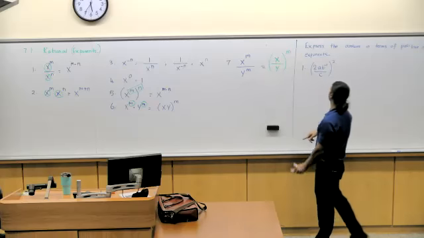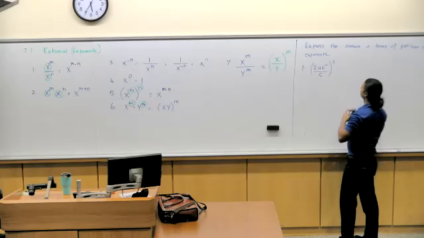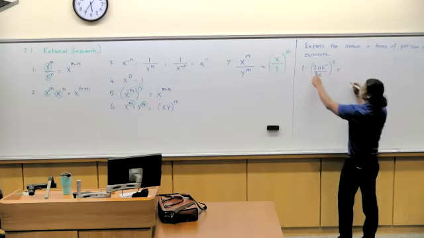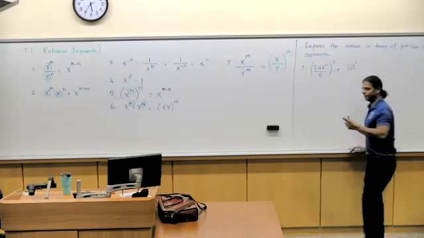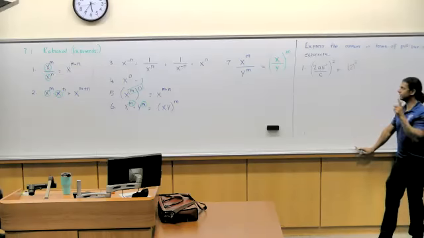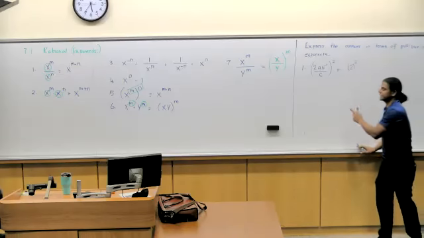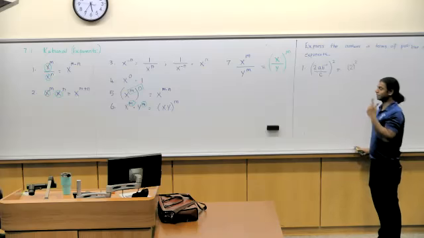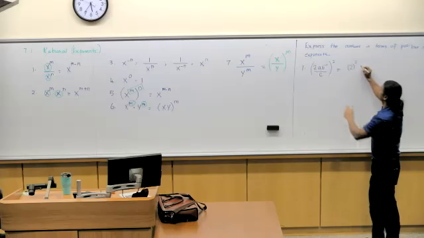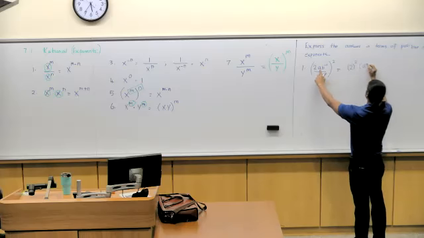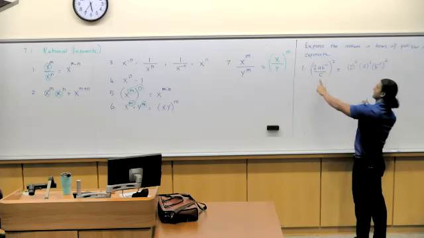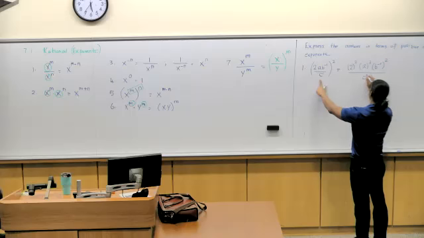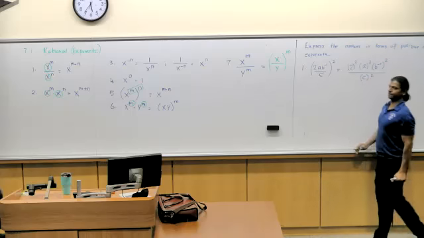So what I'm going to do: raise 2 to the power of 2, raise a to the power of 2, raise b^-1 to the power of 2, divided by c to the power of 2. I strongly recommend using parentheses when you deal with exponents. You will not make mistakes that way.